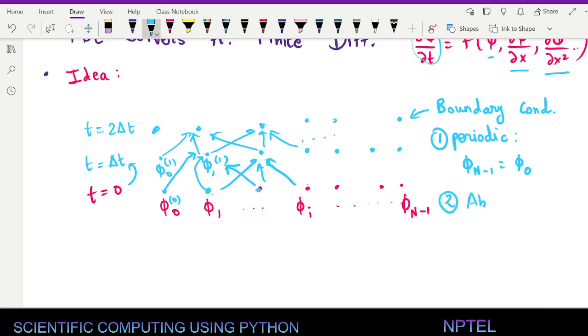If it is absorbing condition, what's the word that he used? Vanishing. Yeah. Then you simply state it, right?